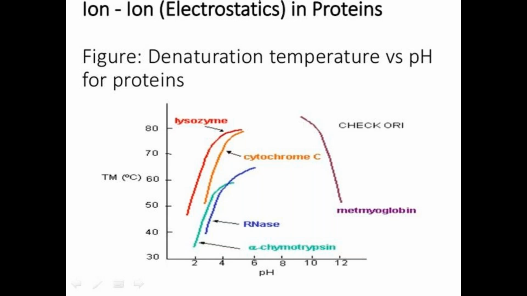What is melting temperature? Melting temperature means the temperature at which the structural conformation of proteins and DNA is denatured or broken down, and that is called the denaturation temperature, the melting temperature.